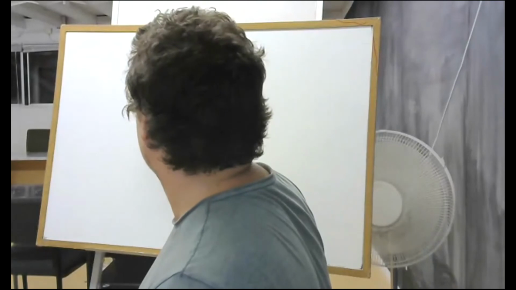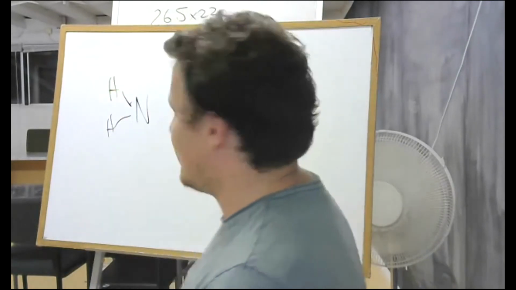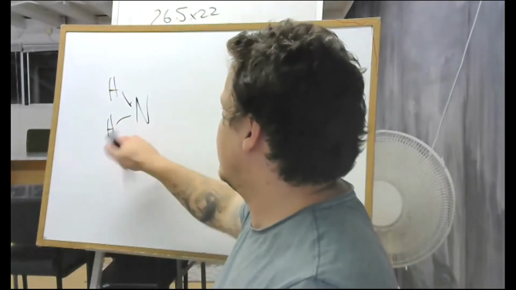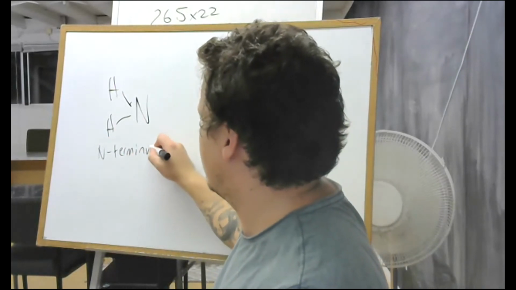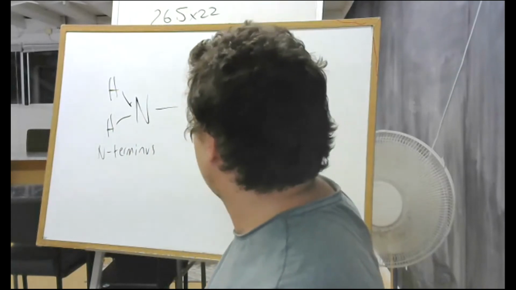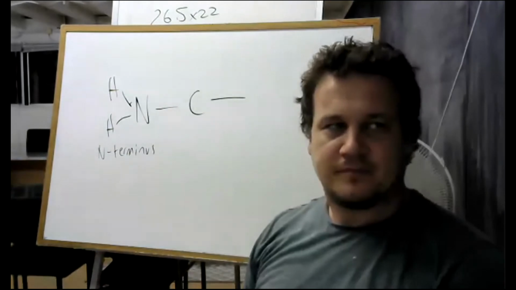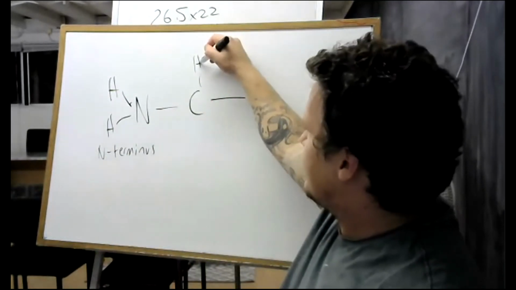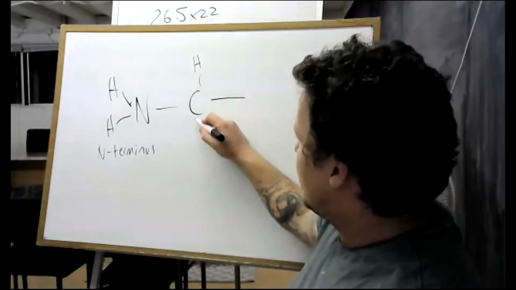So an amino acid, as Kai said, you've got an amino group on the left. And this is your N terminus. You then have an alpha carbon in the middle. We have a hydrogen. And we also have an R group.